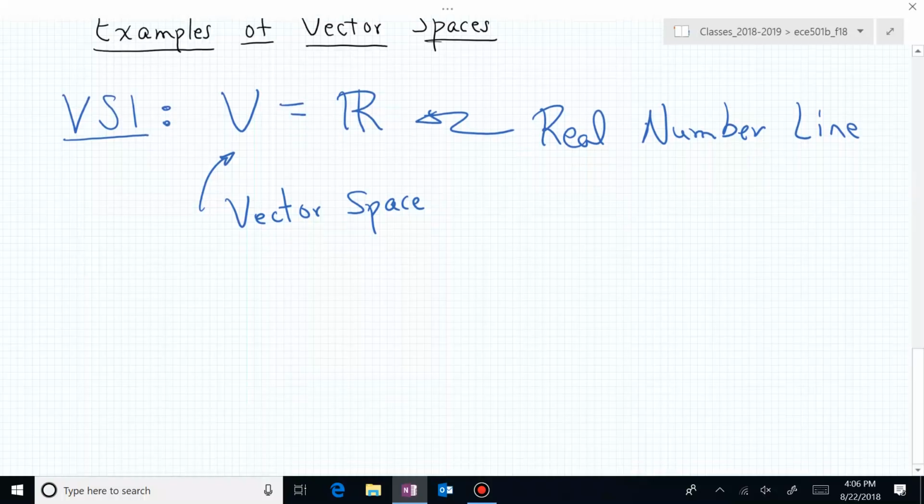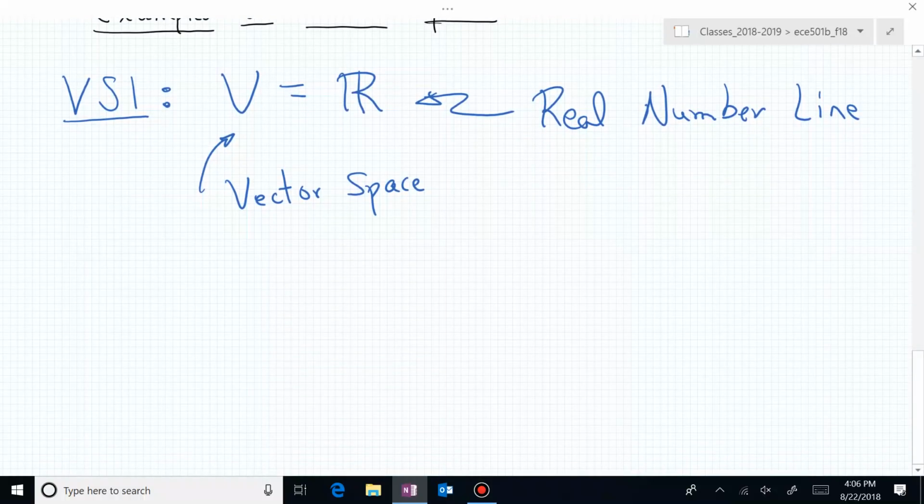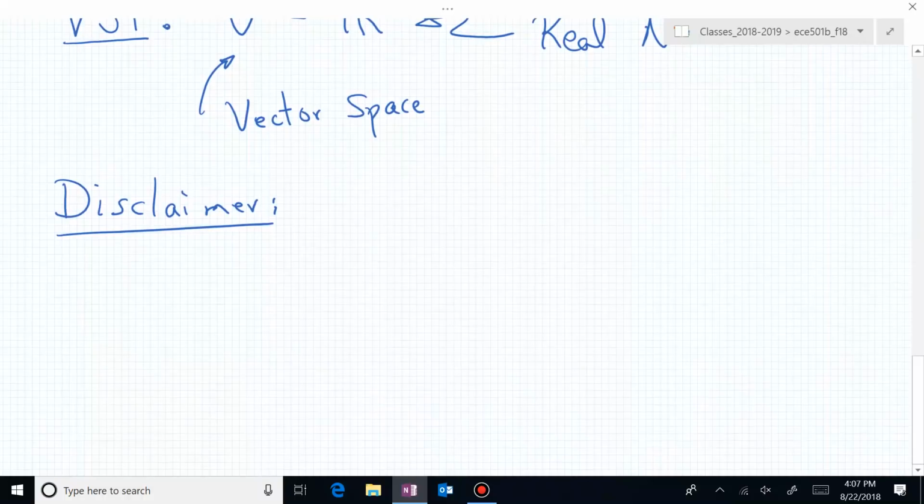And now that I've given you this default, let me suggest that you keep something else in mind as you're thinking about vector space. This is a disclaimer.